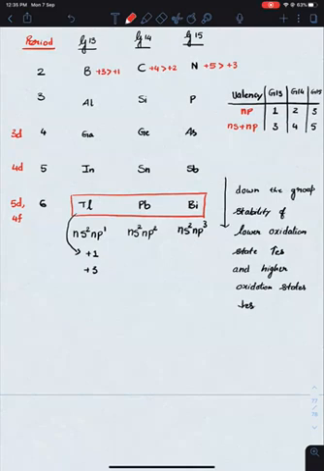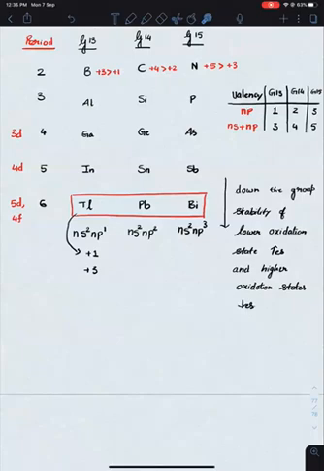But as you go down the group, the stability of the higher oxidation states decreases. मतलब the +3 of aluminium will be less stable than the +3 of boron. The +3 of gallium will be less stable when compared to the +3 of aluminium. The stability of the higher oxidation state decreases and the stability of the lower oxidation states increases. मतलब the +1 of aluminium will be more stable when compared to the +1 of boron.